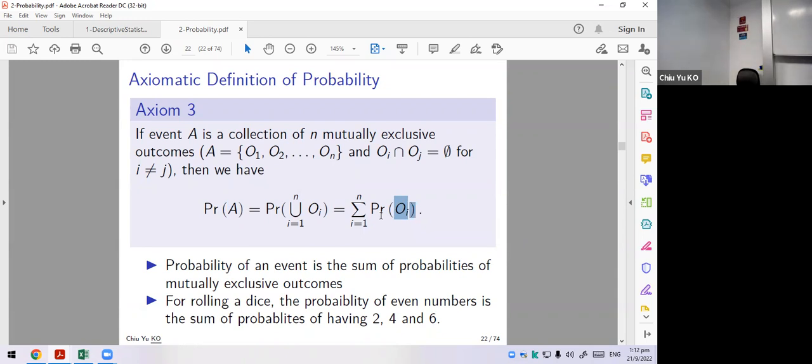If the event consists of several outcomes, and these outcomes are mutually exclusive, so they cannot happen at the same time, if one happens the other cannot, then the probability of that event is the sum of these probabilities. Whether you look at the whole event or at the parts separately, there's no difference.